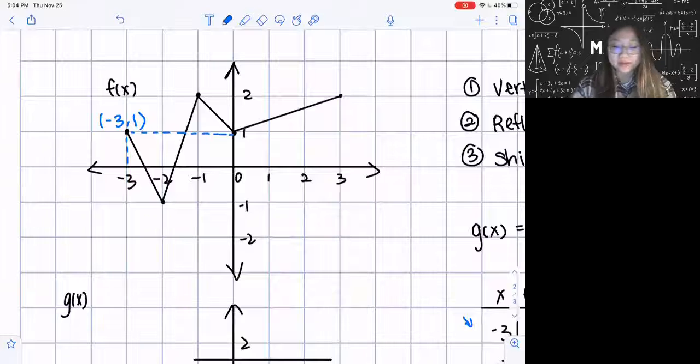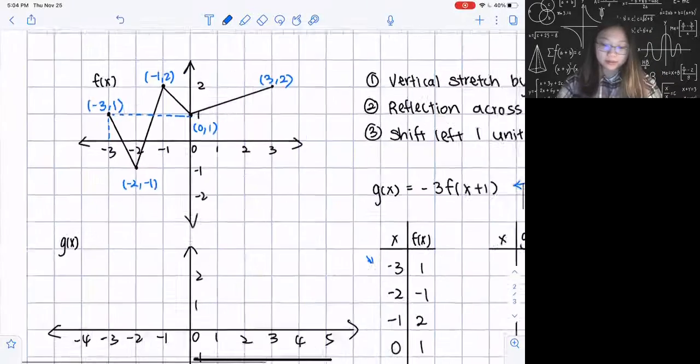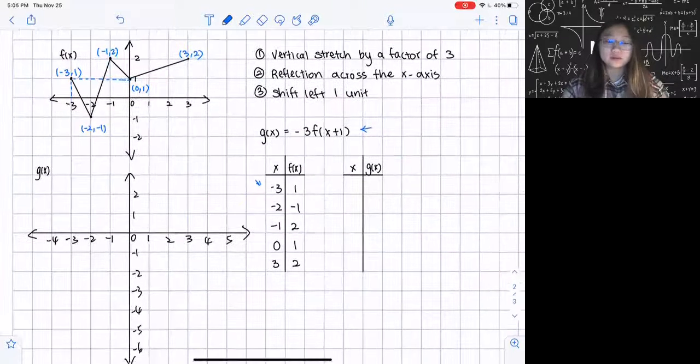Next, that's -2, -1, then -1, 2, then 0, 1, and 3, 2, right? Here I've organized them into a chart, which is what you usually do when you draw a graph. I'm putting all my x values together: -3, -2, -1, 0, 3. And I'm putting all my y values together: 1, -1, 2, 1, 2, right?